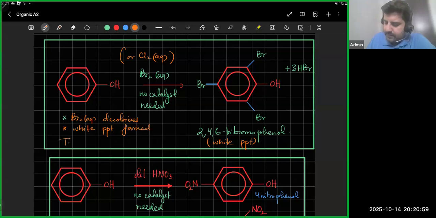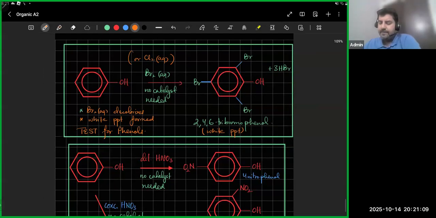So this one is going to be used as a test for identifying phenols. So keep that in mind.